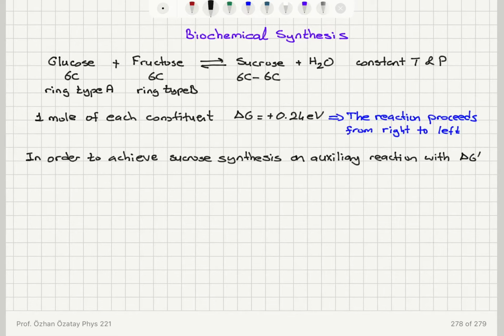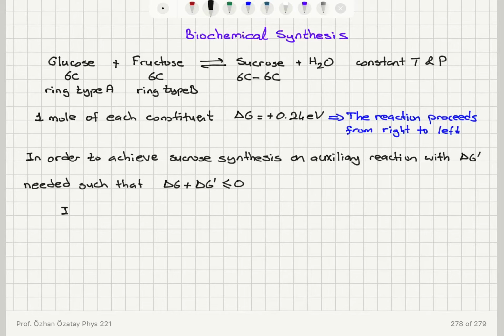So this is going to have delta G prime that is going to make sure that the total Gibbs free energy change, delta G plus delta G prime, will be less or equal to 0. In biological organisms, this auxiliary reaction involves adenosine triphosphate, ATP.